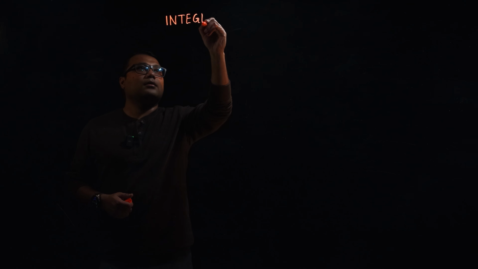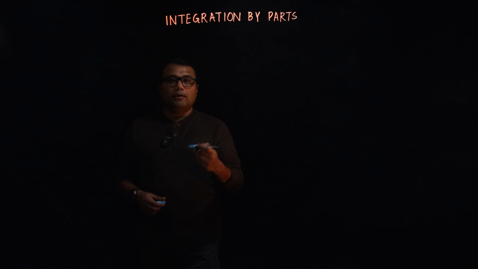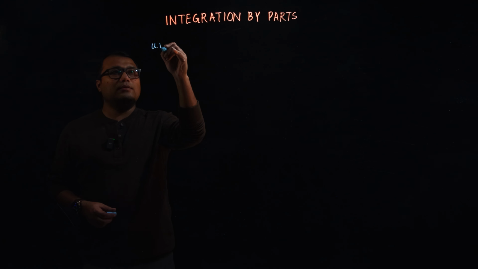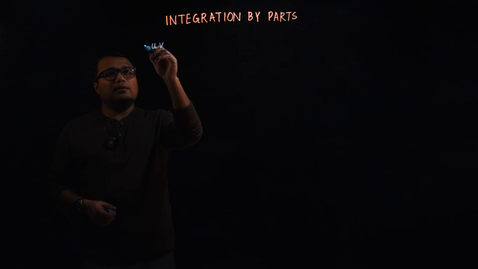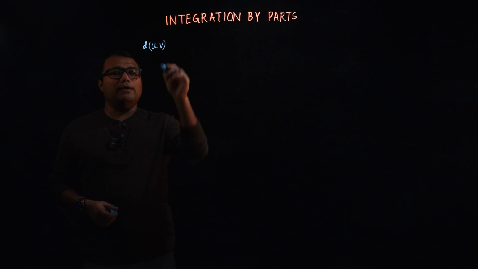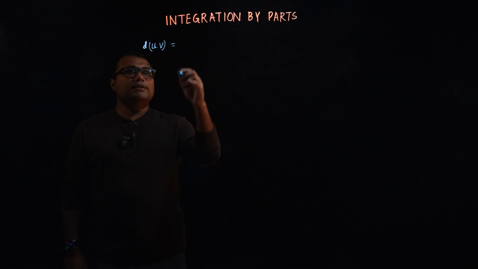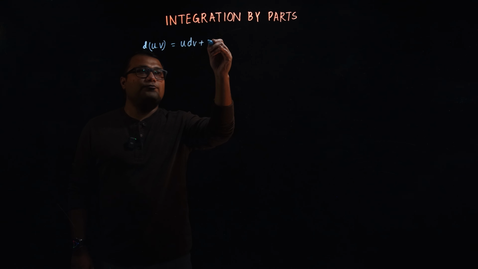Okay, so let's start with what is integration by parts. Suppose we have two functions u and v, these are functions of x, and we differentiate this product uv with respect to x. So the differentiation rule says we will do u dv plus v du.